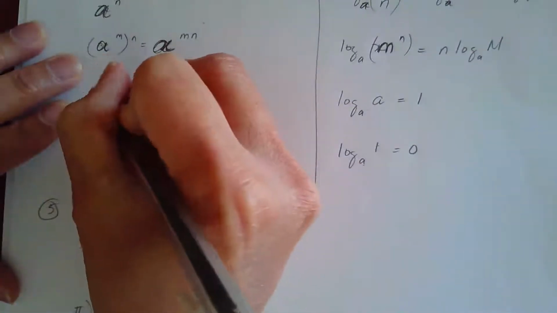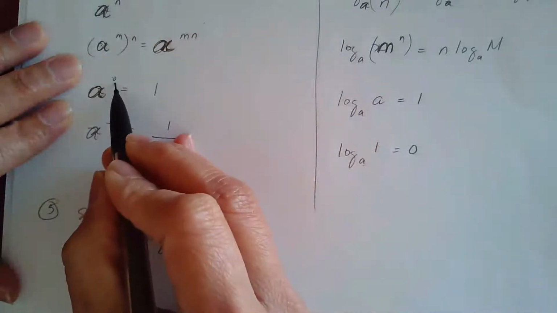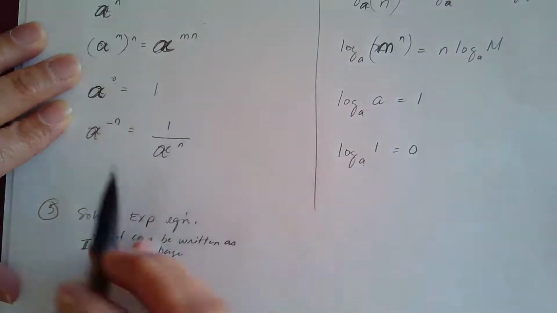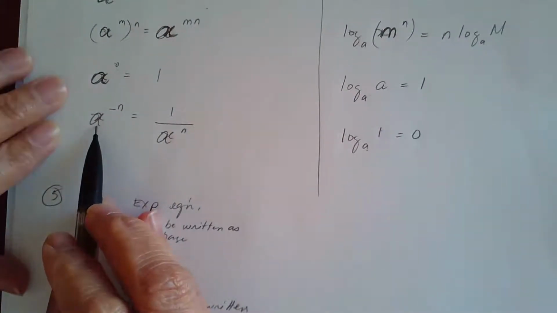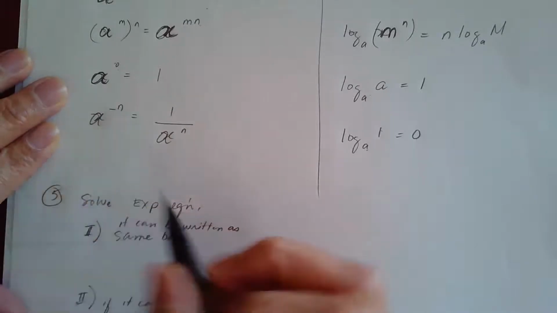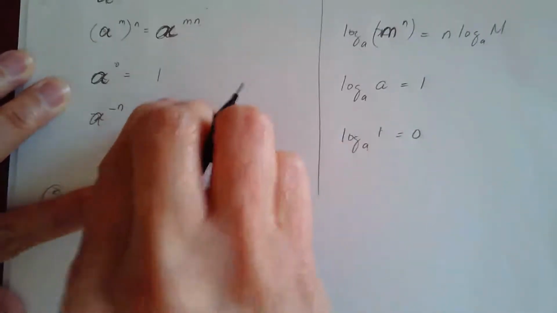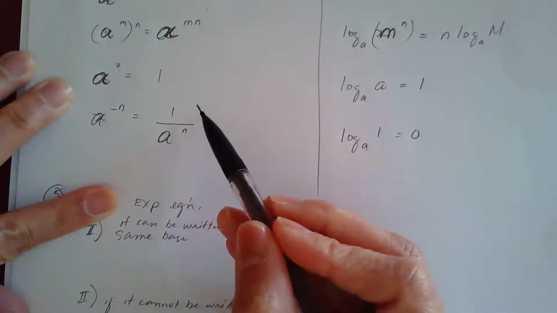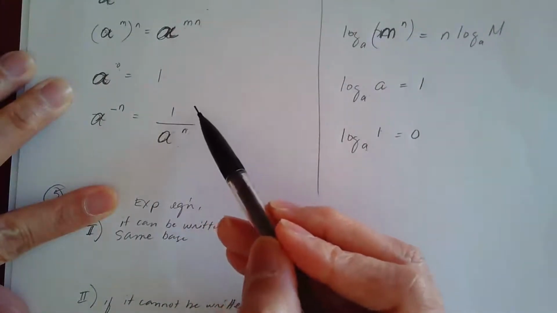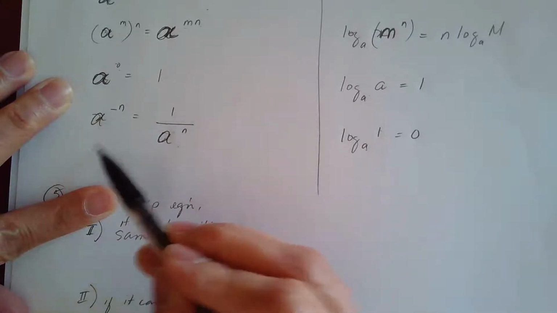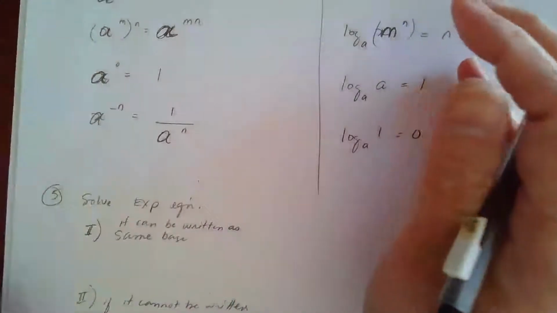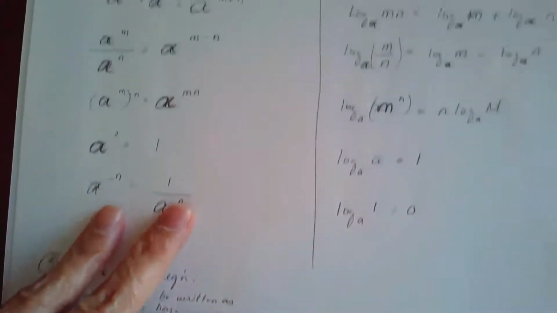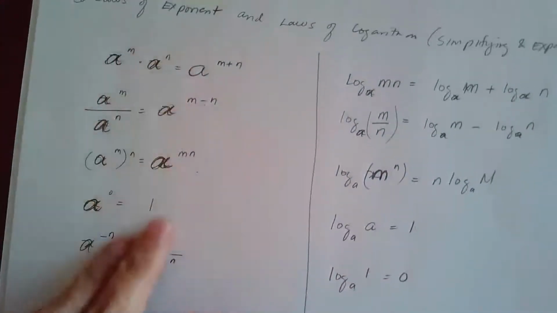And a to the power of 0 is equal to 1, and a to the exponent negative n, we can rewrite as a positive exponent by taking its reciprocal, putting it in the denominator to make it a positive exponent.